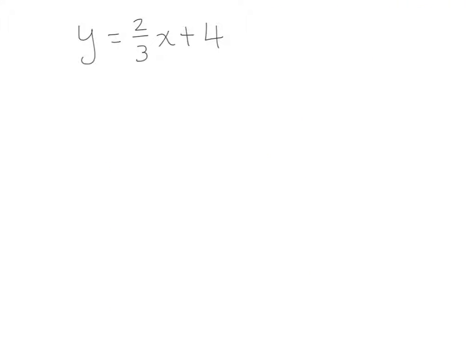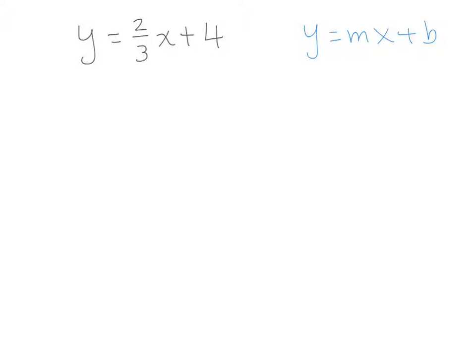Here we have a linear equation in slope-intercept form. That is, it's the classic y equals mx plus b form, where we have slope as m and the y-intercept as 0, b. And we might want to put this into standard form, the reverse of what we did on our previous slide.